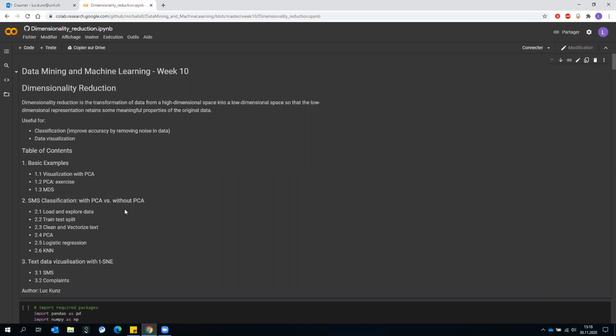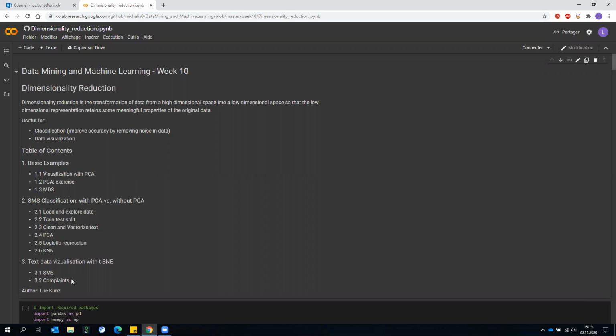This is one of the well-known dimension reduction techniques. And finally, we will do a bit of t-SNE, which is another one, which is non-linear. Again, we will use it to visualize text: SMS from today and the complaints data that we had, I guess 2 or 3 weeks ago in text analytics 2.